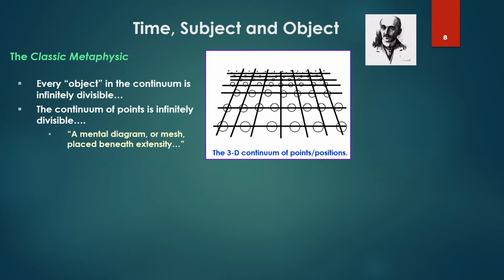So just a visualization of this continuum of points, positions. It's actually a 3D continuum. We're seeing 2D there. So every object in the continuum is infinitely divisible, and the continuum of points is infinitely divisible. It is, as it were, as Bergson noted, a mental diagram or mesh placed beneath extensities, those little squares we can expand or contract at will to ultimately mathematical points.